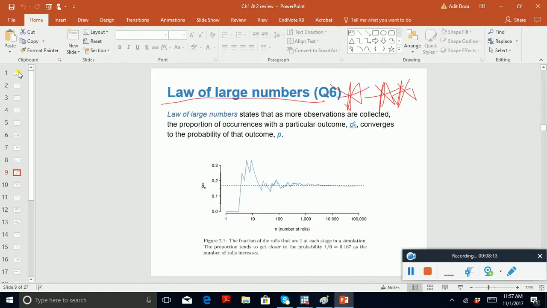Okay. Law of large numbers. Basically, law of large numbers states that if n goes to infinity, like when you have more observations, the sample mean would converge to the population mean.